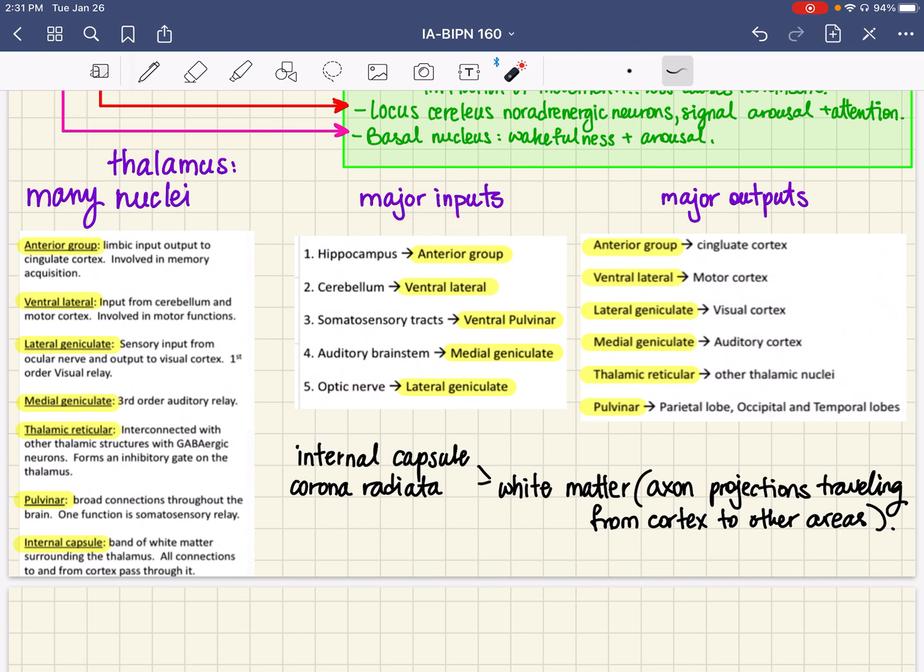Okay, I've highlighted the names of the nuclei over here, and I've also highlighted the nuclei over here, so you can see which structure takes input to each nucleus. And then I've highlighted the nuclei over here, so you see where the output of this nucleus goes to.